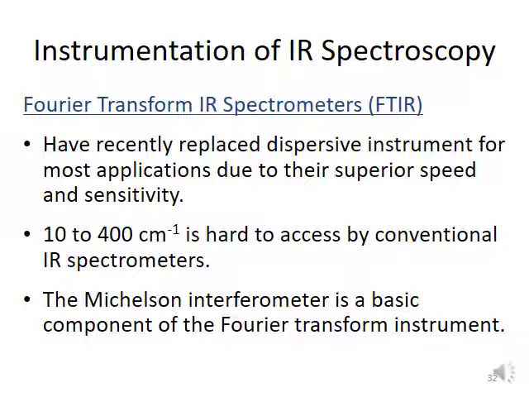As we know, the range between 10 to 400 per centimeter is difficult to access by conventional infrared spectrometers, but FTIR can do that. Here, the Michelson interferometer is a basic component of the Fourier transform instruments.